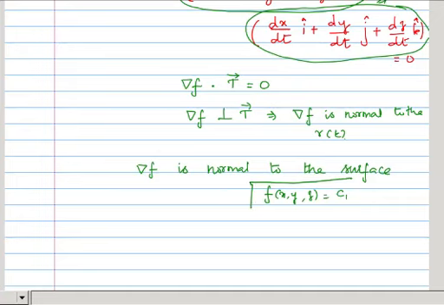Not only c1, if you change to a different surface, the gradient f is always normal. So in this video we gave the geometric meaning of the gradient.